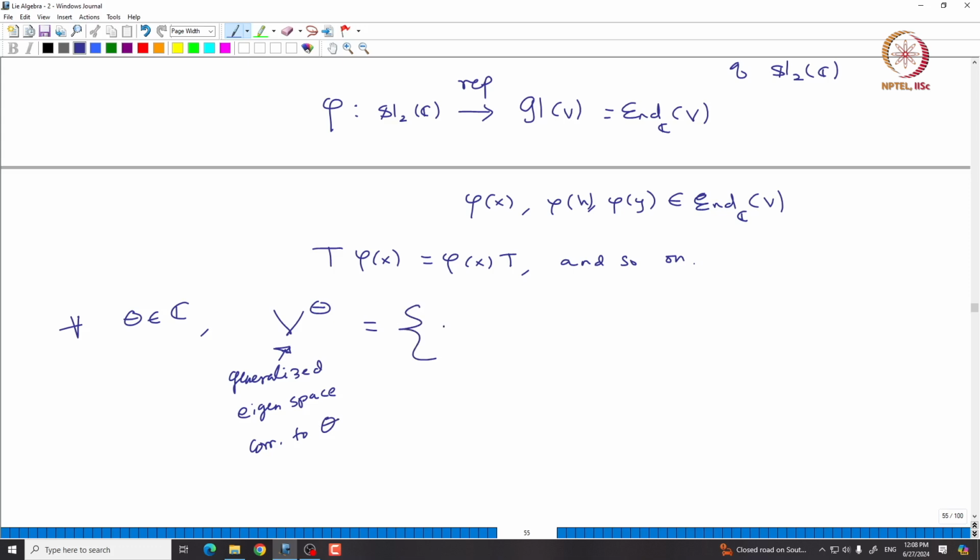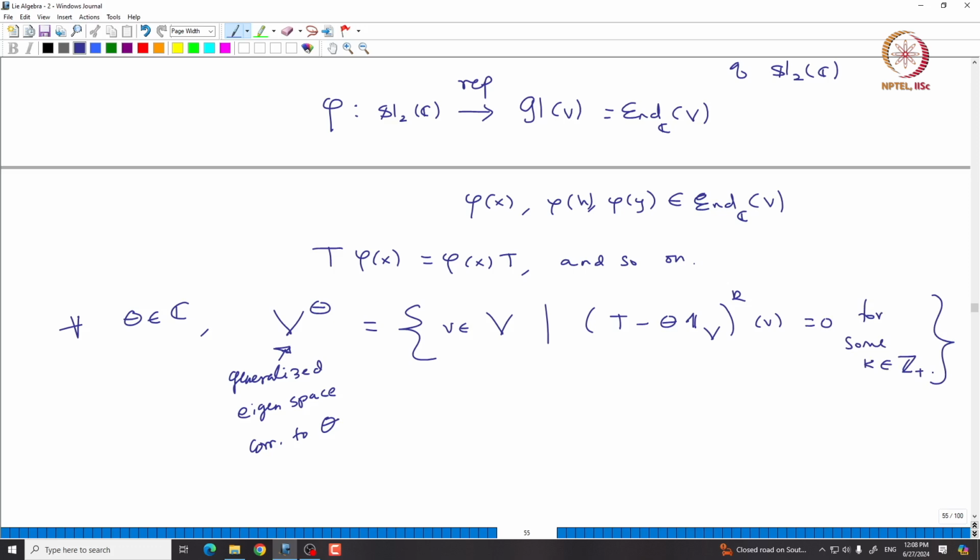This is those vectors v in capital V such that when I take T minus theta identity on V, some power of that kills this vector v, for some k in Z plus.